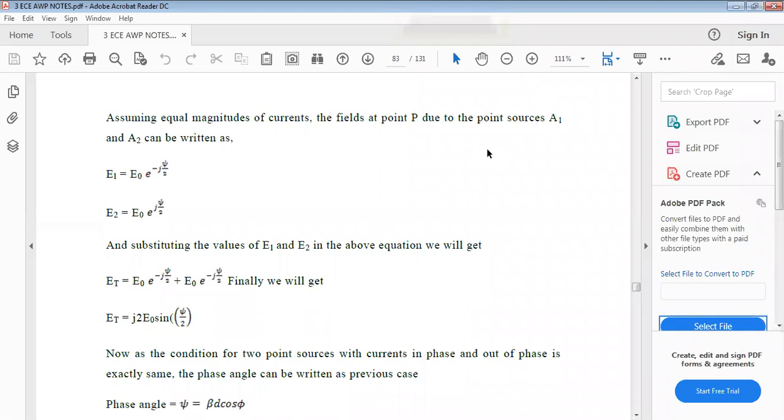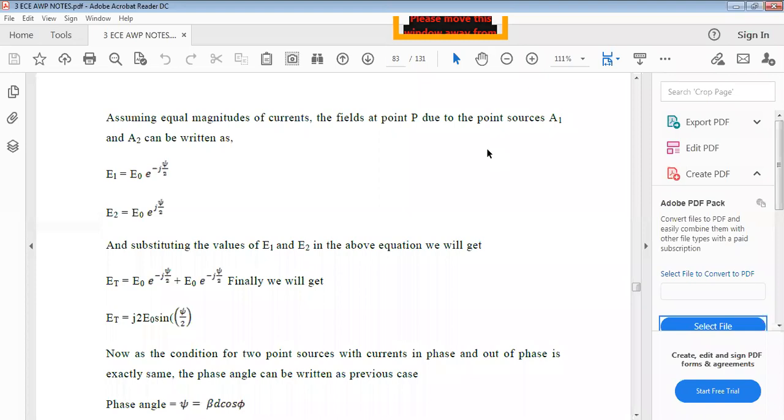2e naught sine psi by 2. What are the parameters we further derived from this expression? That is the total electric field strength, and from that electric field strength we define the array factor. That is also very important, and it is a frequently asked question in the final examination. How do you define the array factor?